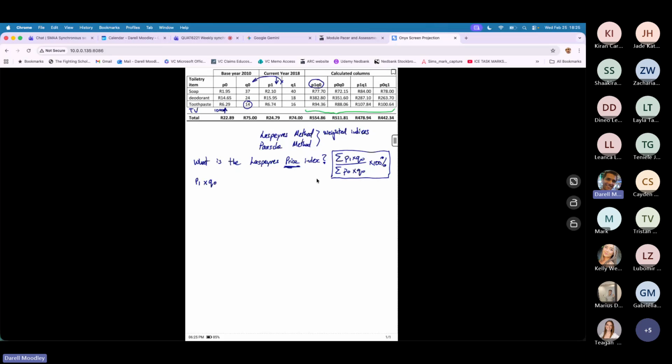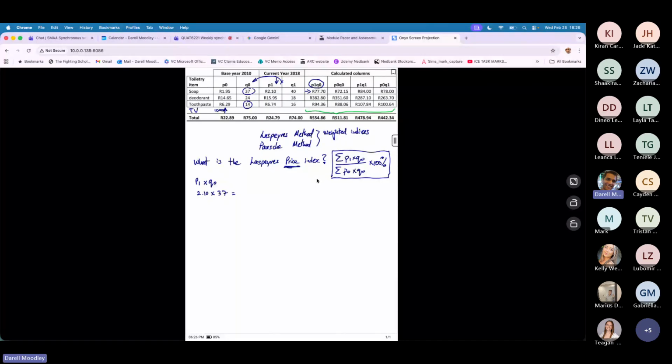So for instance, the first P1 value is 2 Rand 10 cents times the first Q0 value, which is 37. If I do that, I will get this first value here. It's as simple as that.